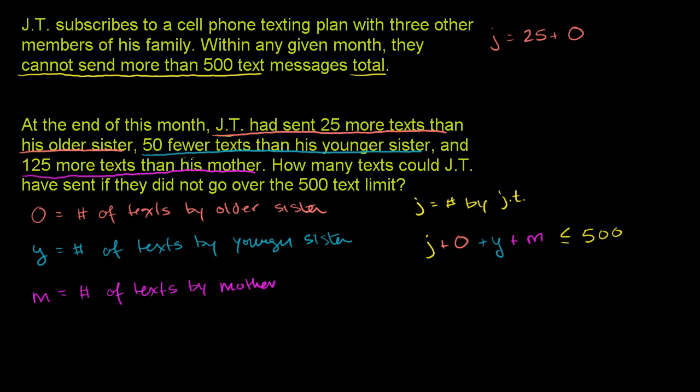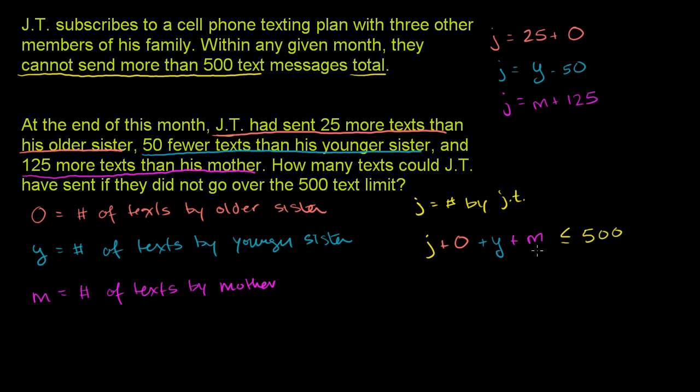And they also tell us that JT sent 50 fewer texts than his younger sister. So J is also equal to the younger sister minus 50. And then finally they say 125 more texts than his mother. So J is equal to mother plus 125.